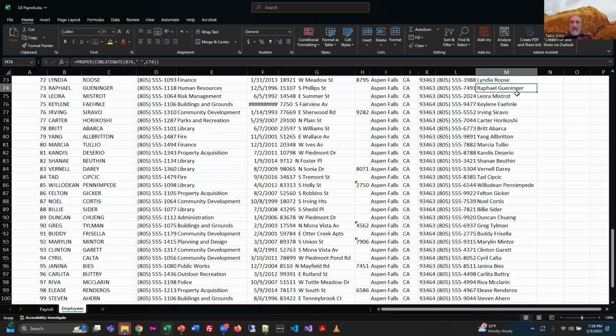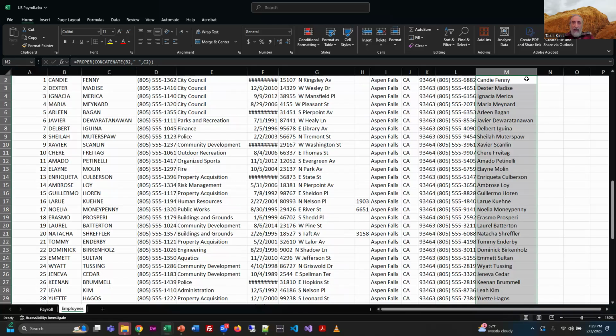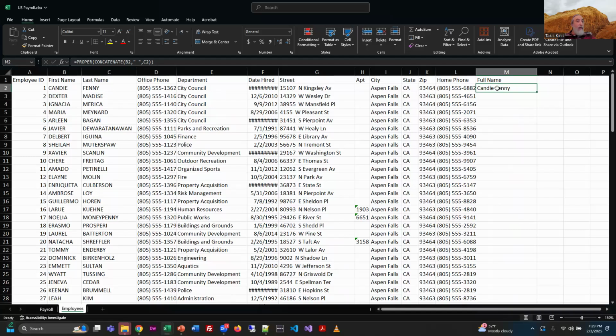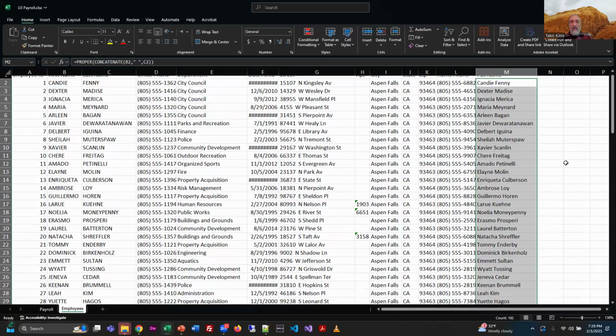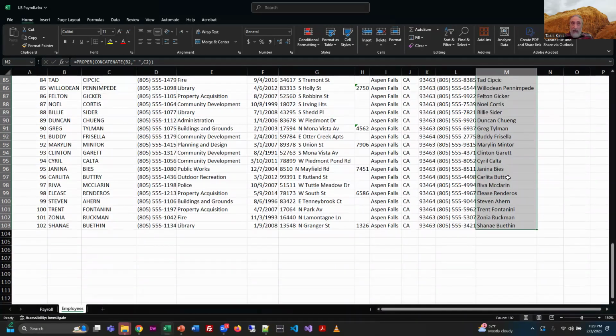But that trick where I get the one formula correct, here's the formula again, right up here, and then I just double click that little box and it does the whole list. Keep in mind, if it was 10,000 names, it would have done all of them. And this is the kind of goofy little stuff that spreadsheet people know how to do, and other people watch and go, how'd you do that?